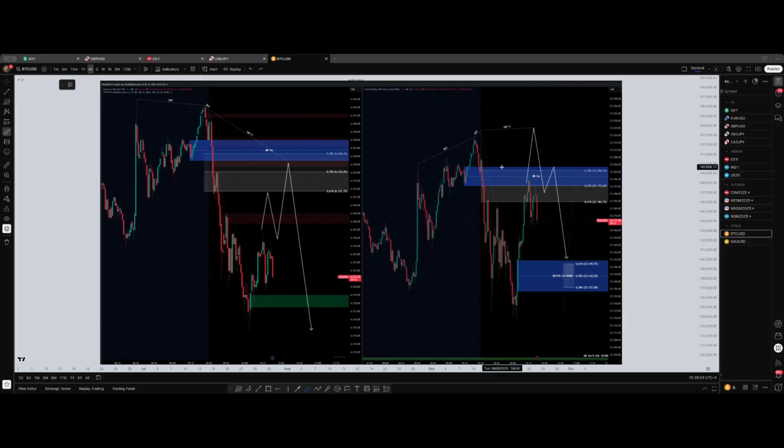So you have a scenario, you already thought about it, so you're prepared in case that happens. You know how to manage this trade or this setup.